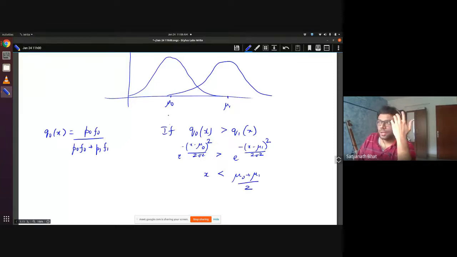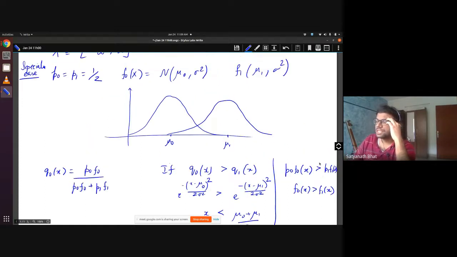Okay, so this is what you will get, but you could have got this very intuitively as well, because if Q0 of X is greater than Q1 of X, what that essentially means is P0 F0 of X is greater than P1 F1 of X, or F0 of X is greater than F1 of X. So if you just look at the density functions and ask which is the region where F0 is bigger, you will get this region, and this is the region where the classifier is going to report 1.